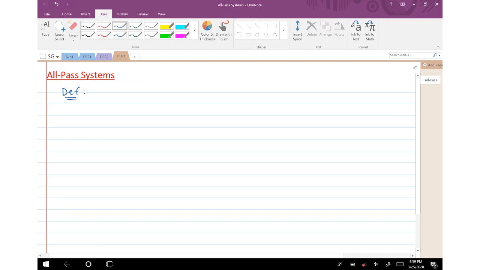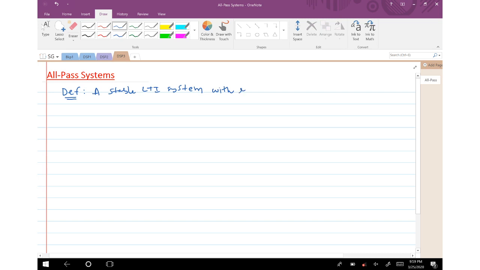We consider here essentially stable LTI systems. So a stable LTI system we consider and again, as we were doing earlier, rational transfer functions are of interest for us.